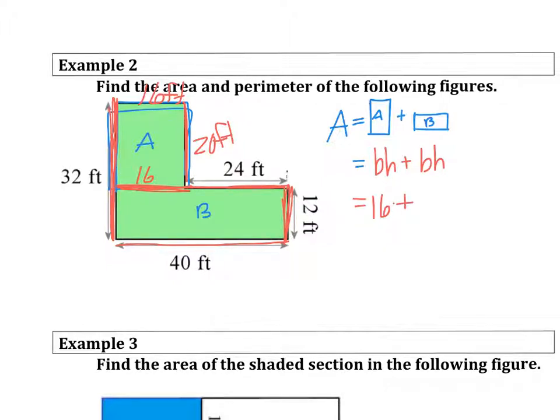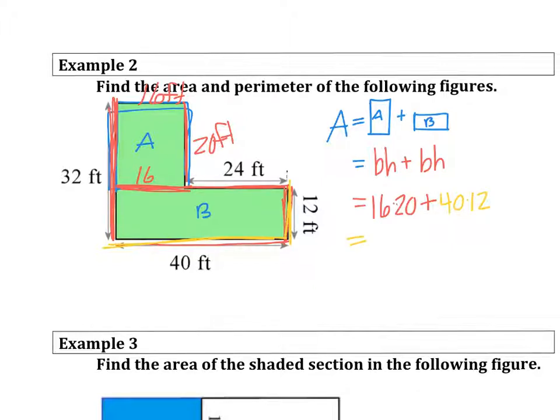Times 20, because that's the height, plus the base and height of the second rectangle, which is on the bottom, which we can easily come up with. The dimensions are 40 by 12. So 40 times 12.